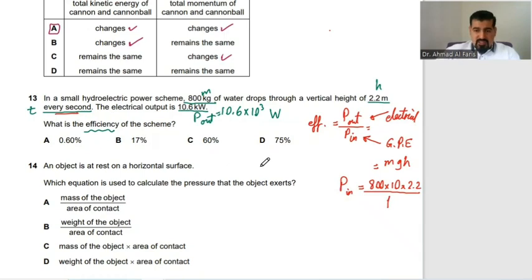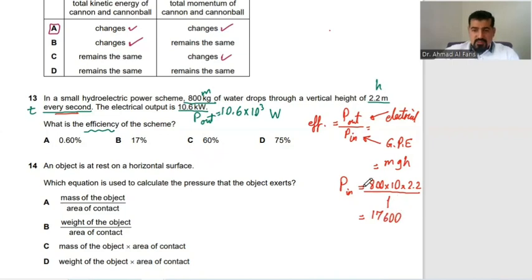That means the efficiency, which is output over input, I have to find how much is the energy input. And the energy input, by using the calculator, it will be 17,600.